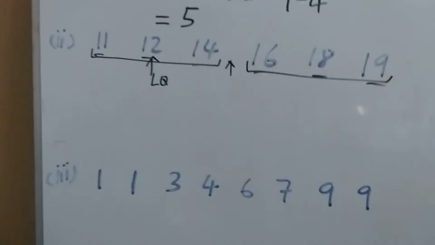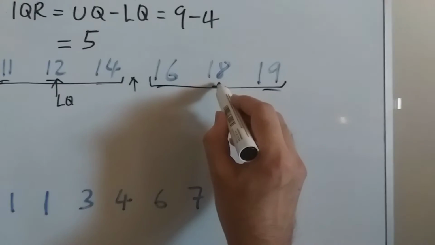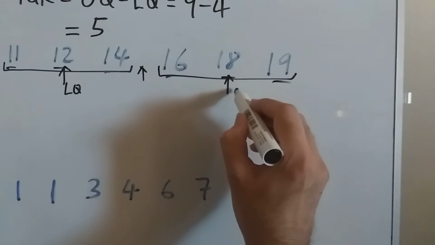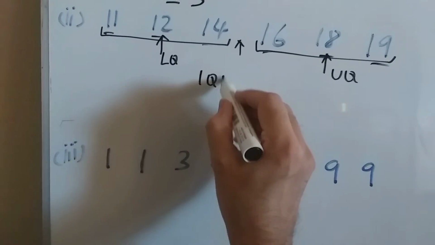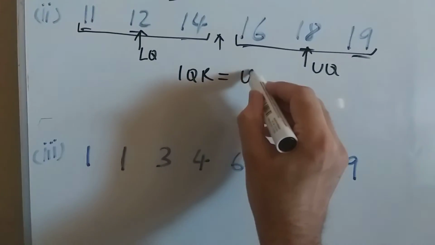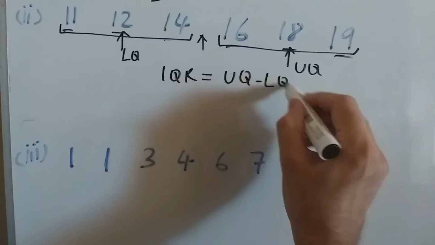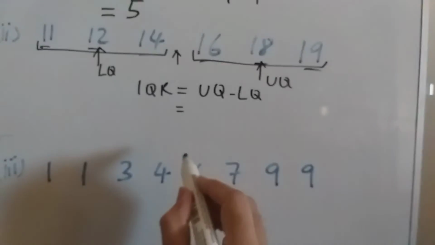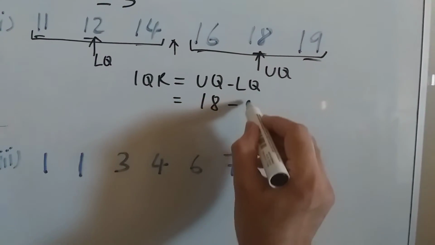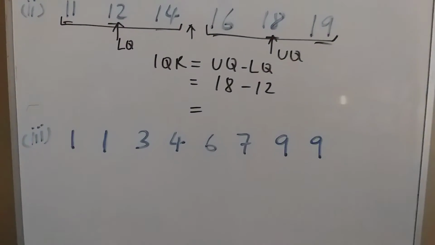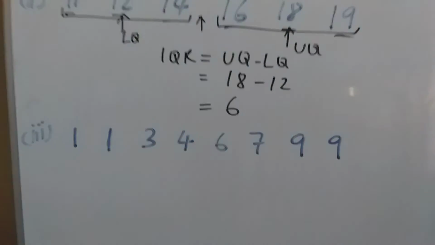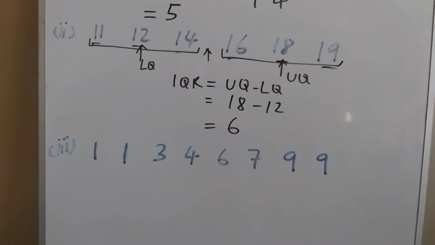And the upper quartile, the 75th percentile, is 18. So the interquartile range over here is upper quartile take away the lower quartile, and that is equal to 18 take away 12. So the answer over here will be equal to 6. The interquartile range is 6.